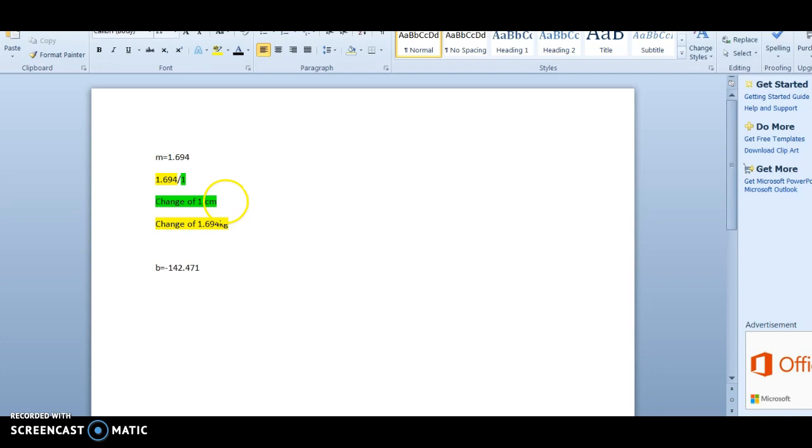So what this is really telling us is for every change in 1 centimeter in length, my weight changes by 1.694. Now think about changing. This is positive. So if you don't have any negatives, I even sometimes just do this so that I can say increase. If my length increases by a centimeter, my weight increases by 1.694 kilograms.